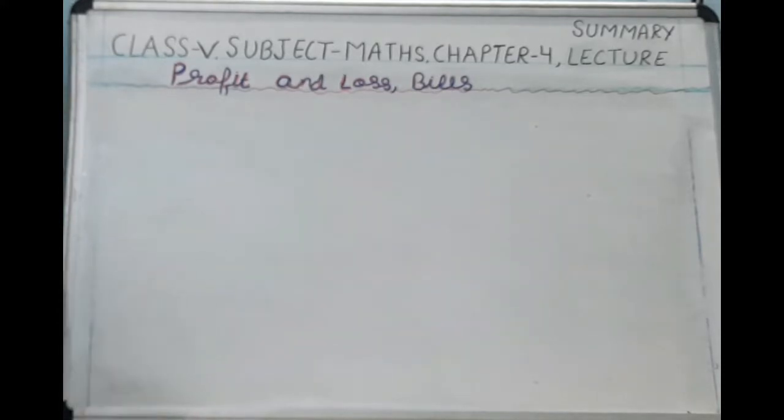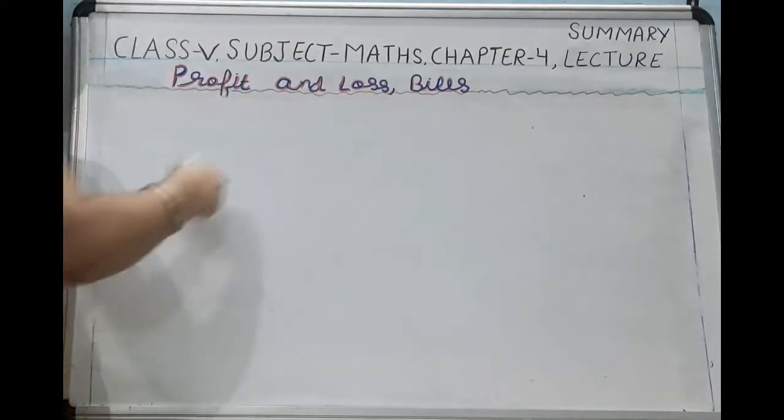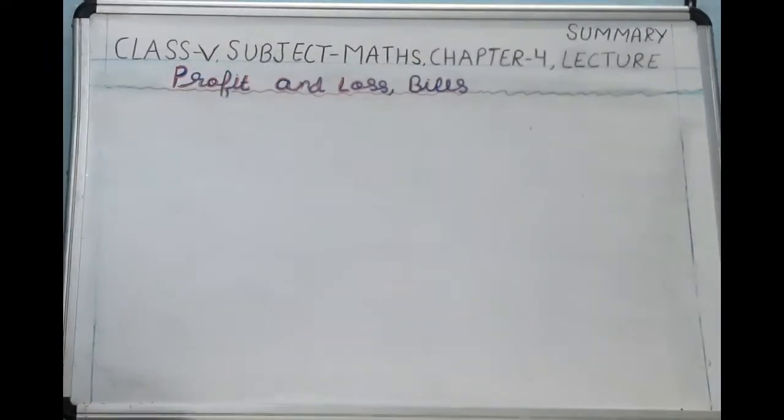This is our chapter 4. Name of the chapter is profit and loss and bills, and this is our summary lecture.